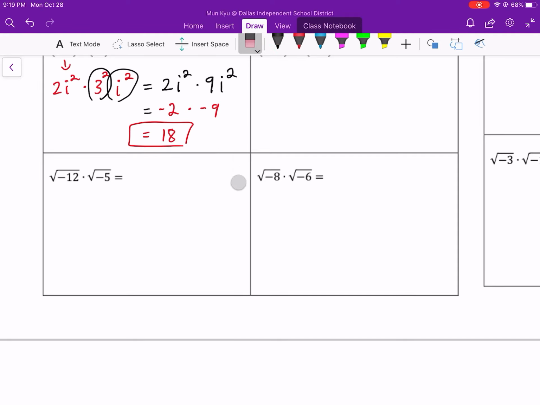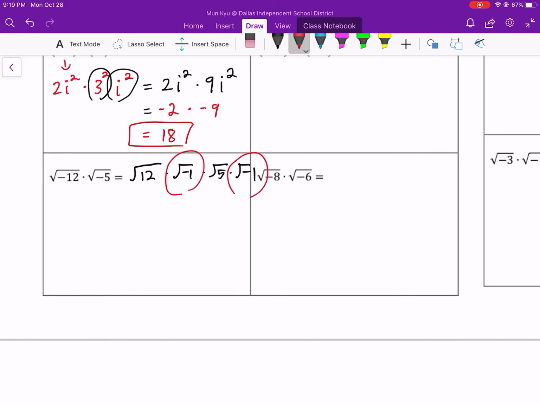Because in imaginary numbers, you always have to remember to break it down into the square root of 12 times -1, the square root of 5 times -1. These two should go together, okay? Which is going to be i squared.